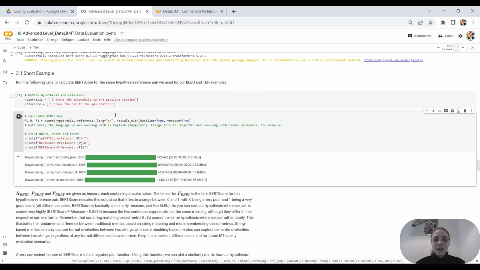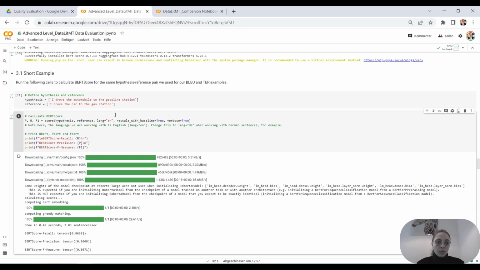BERTScore can deal with most languages, but you can also look at the BERTScore documentation just to make sure which language you can use. But just as a reference, here we're using English. And you can see below now that we have calculated a BERTScore for recall, for precision, and then the combined one for F-measure.